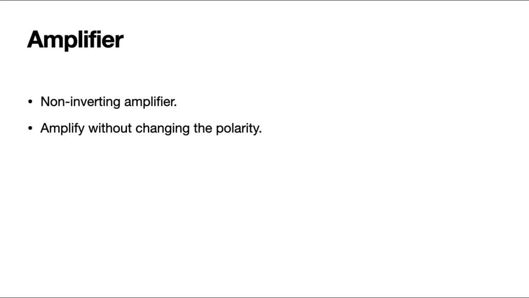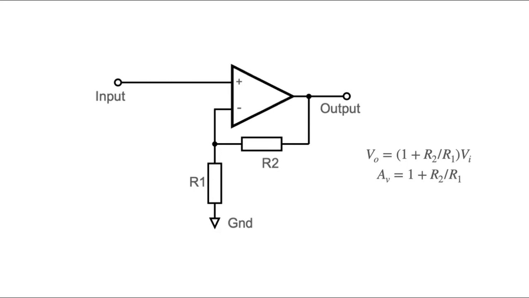The second signal conditioner needed for our case is the amplifier, since the output of the LVDT is small, and specifically we are using the non-inverting amplifier. A non-inverting amplifier amplifies the input voltage without changing its polarity. This is a diagram of a non-inverting amplifier.